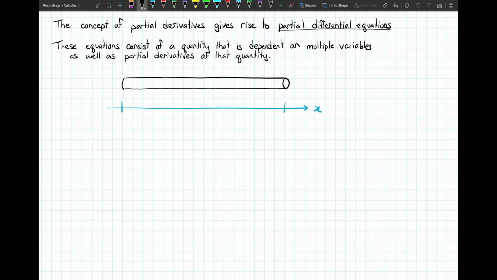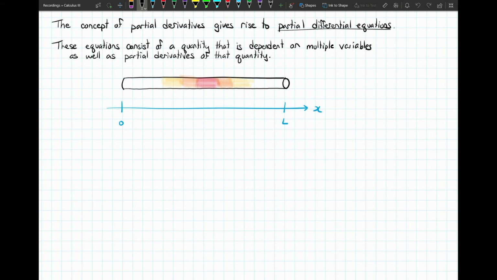One end of the rod is going to be at a position of x equals 0, and the other end of the rod is going to be at a position of x equals L. What we're going to do right off the bat is add a little bit of heat wherever we want along the length of this rod. So let's indicate that as maybe we have one hot spot here in the middle, maybe because we've just held a candle underneath this rod for a short period of time.